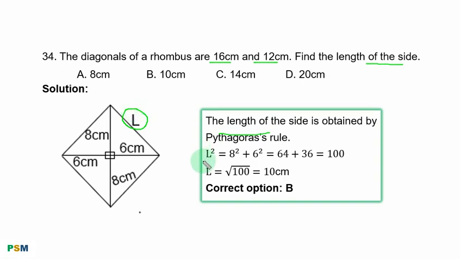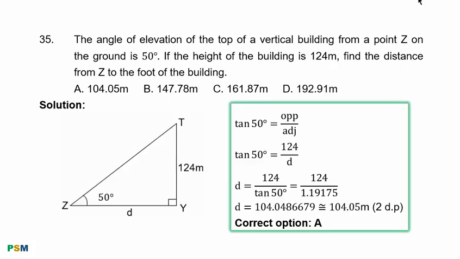So L square is equal to 8 square plus 6 square. That is 64 plus 36 equal to 100. To get L, take the square root of both sides, and L is equal to 10 cm. The correct option is B.